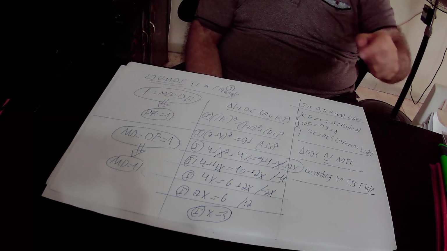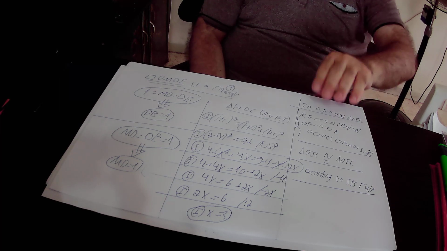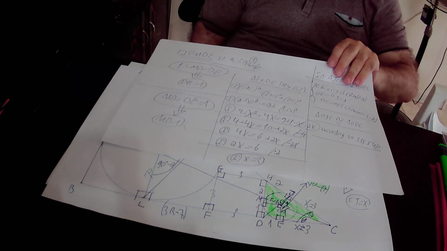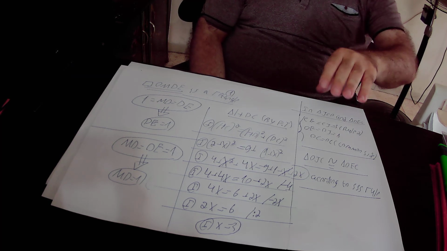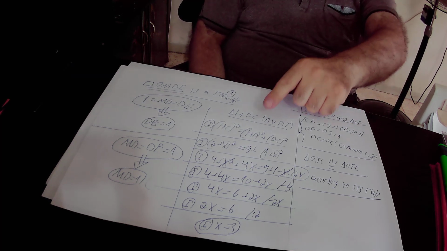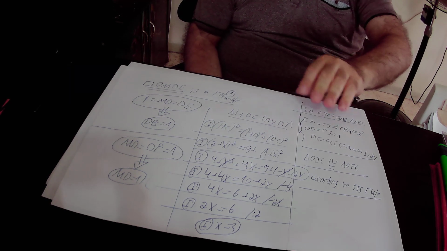According to the Pythagoras theorem on the green right triangle CDA, the square of the hypotenuse equals the sum of the squares of the perpendicular sides. That is to say, AC square equals AD square plus DC square.